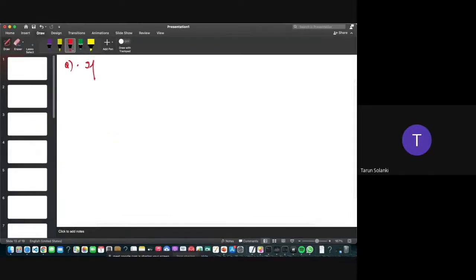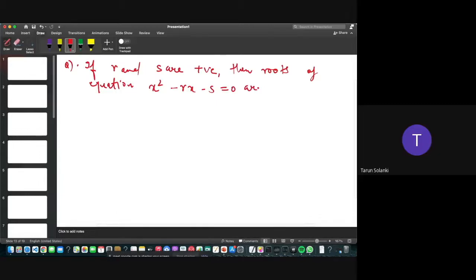So if R and S are positive, then the roots of the equation x square minus rx minus s is equal to 0 are: first option is imaginary, second one is real and both positive.